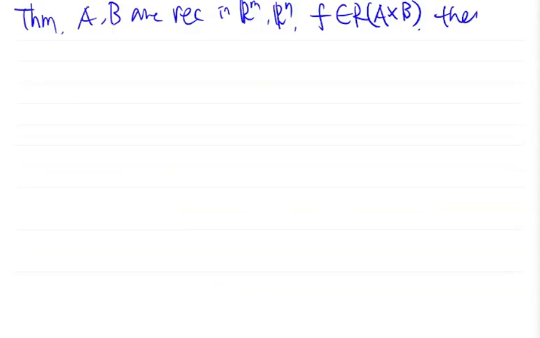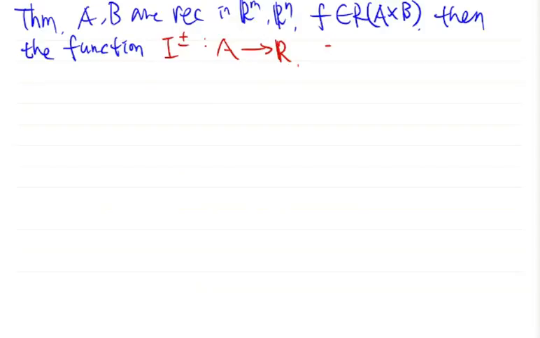Then consider the following functions, denoted by I plus and I minus, as functions on A. The value of such a function at x is this.